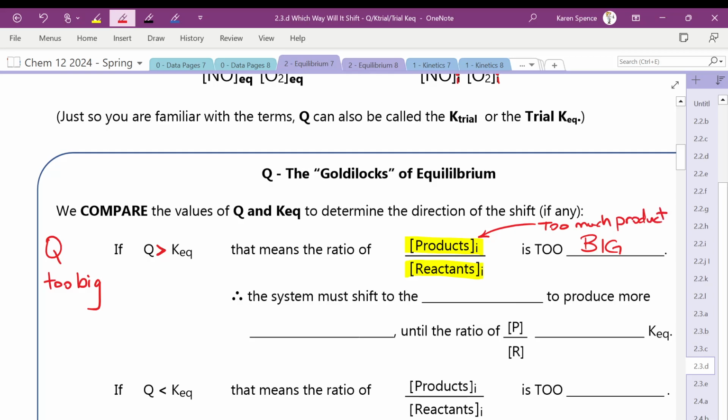And if we have too much product, which direction do we have to shift? To the right or to the left? To the left, to produce more reactant and use up product. And it's going to shift until the ratio of product to reactant is constant and equal to KEQ.